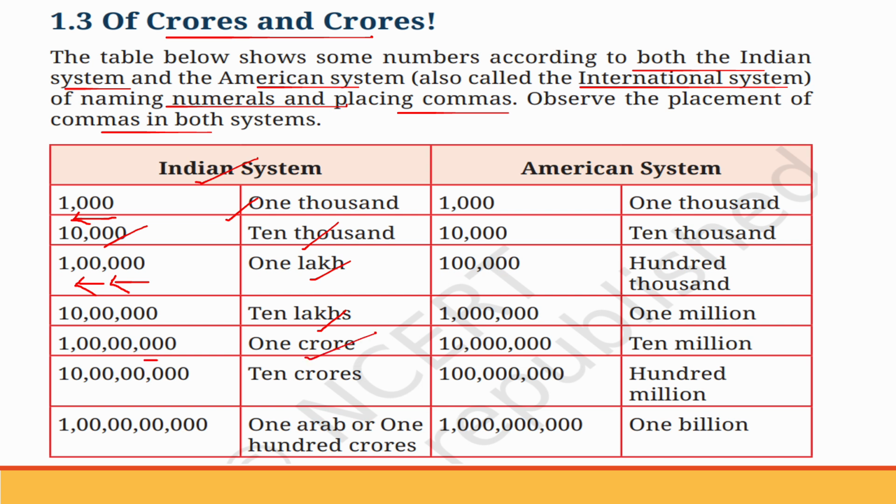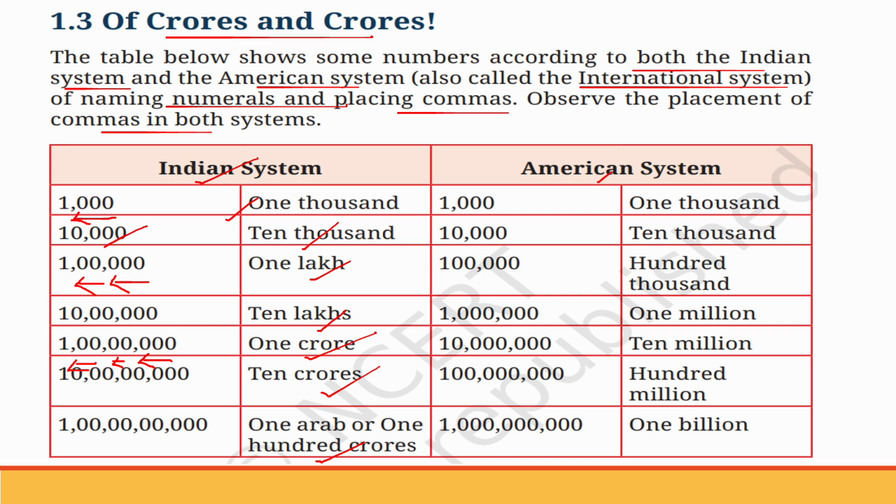First comma after three digits from the right, then put commas after every two digits. Then we have 10 crores and then we have 100 crores or 1 Arab.